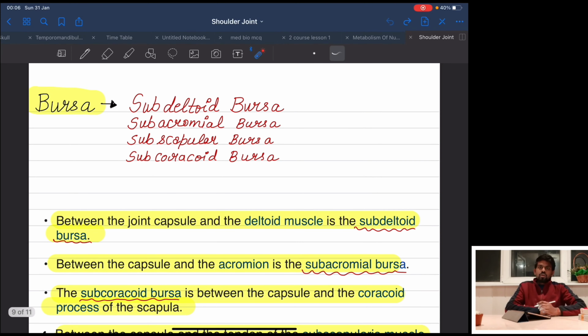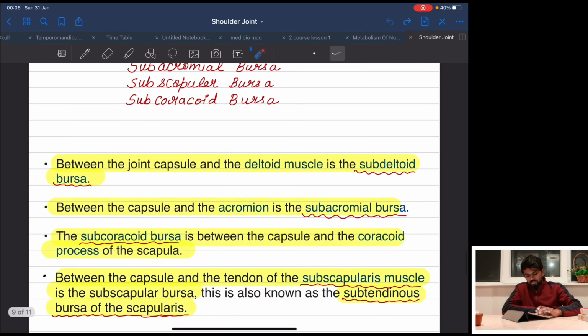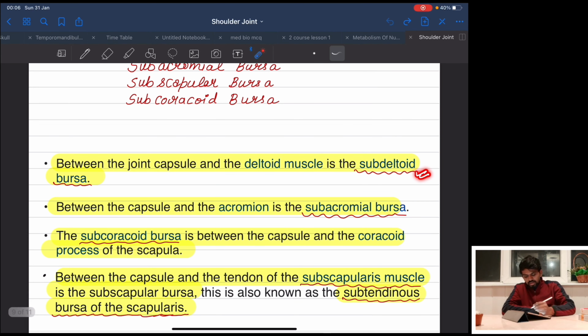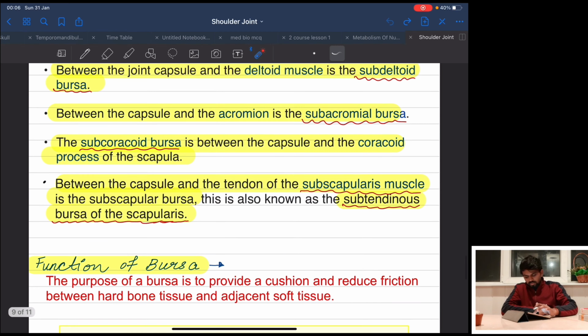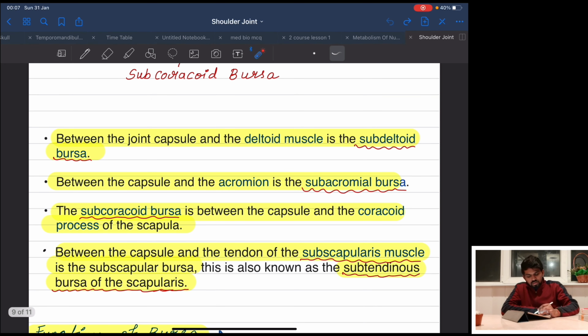Bursas of the shoulder joint. There are four bursas present in the shoulder joint: the subdeltoid bursa, subacromial bursa, subscapular bursa, and the last, subcoracoid bursa. The subdeltoid bursa is present between the joint capsule and the deltoid muscle. The subacromial bursa is present between the capsule and the acromion.